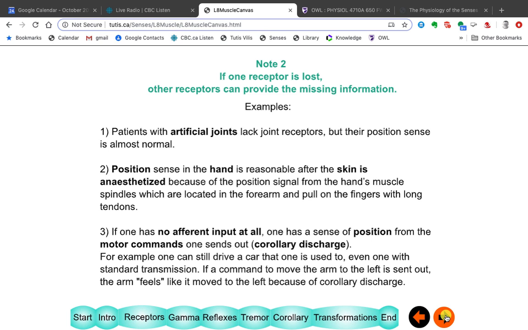And again, if there's no afferent input at all, you can get a sense of position from your corollary discharge.